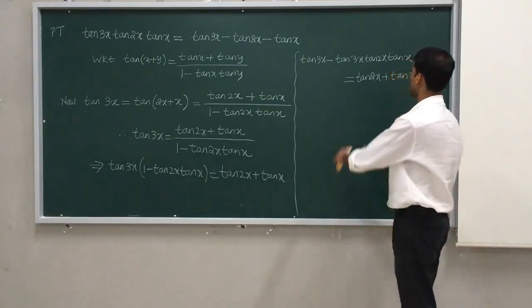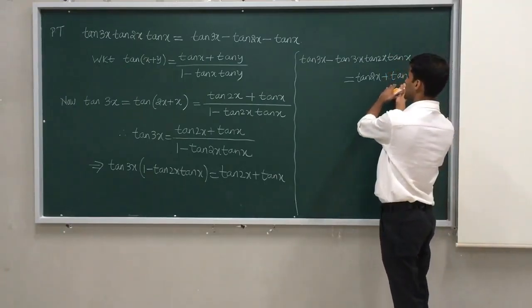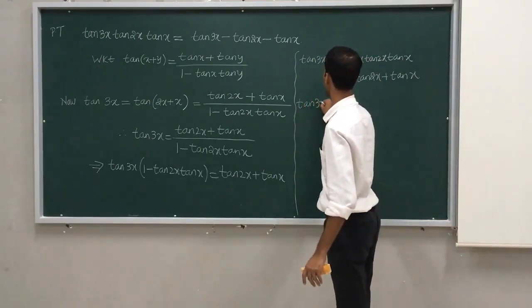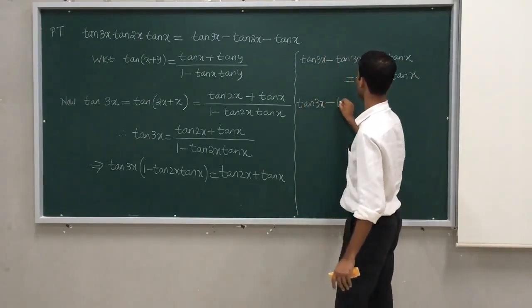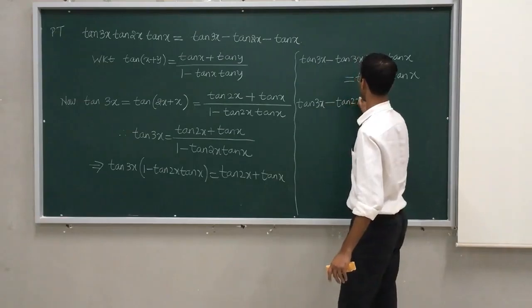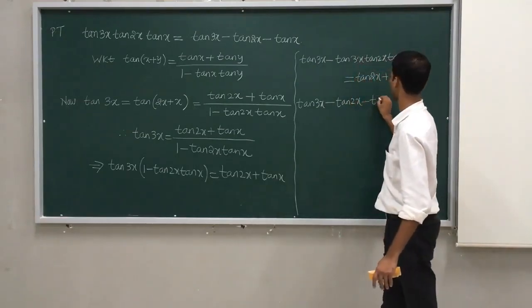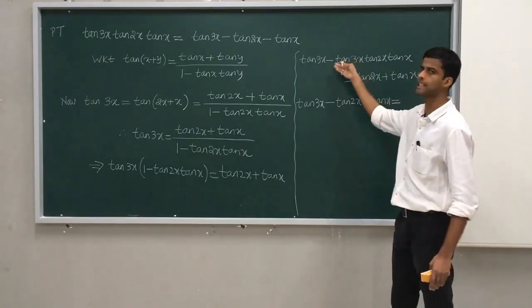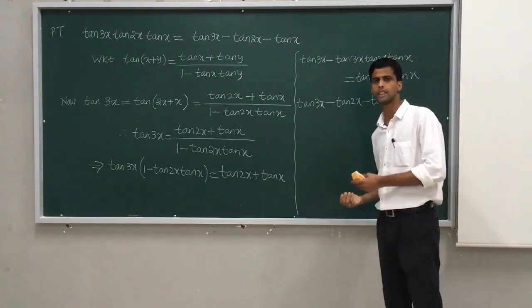I will shift these terms to the left hand side, so it becomes tan 3x, I have kept as it is, minus tan 2x, minus tan x is equal to, I will bring this negative term from the LHS to the RHS.